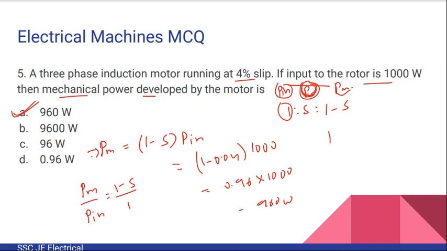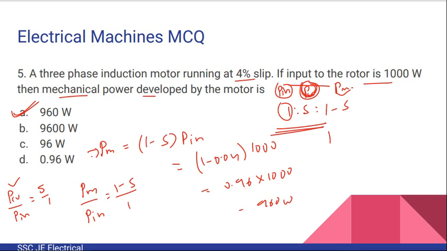For copper losses, Pcu by input power Pin equals S by 1. Just multiply the input power with slip, you will get the copper loss. Hope you understand. You have to remember this formula.